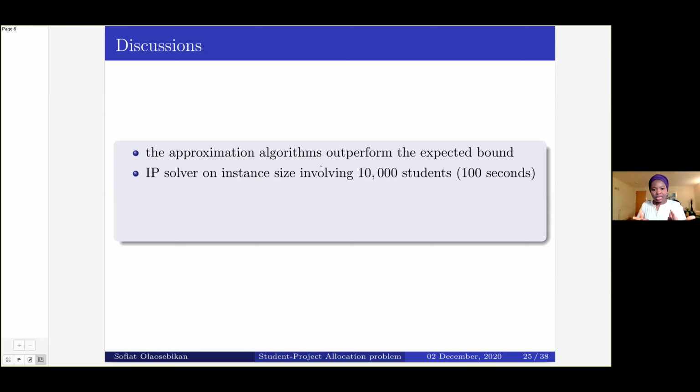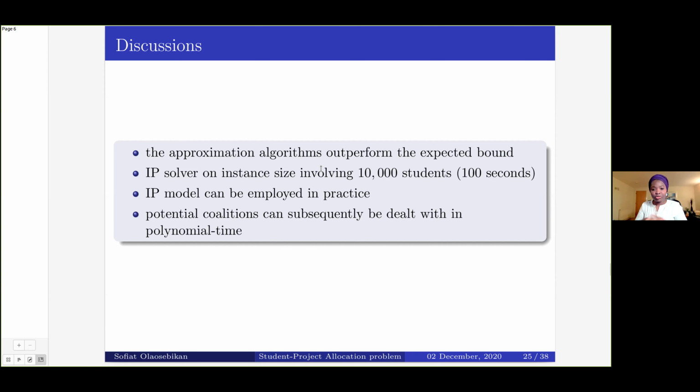So we're able to run experiments which produced the results in less than 3 seconds in 100 seconds for size of 10,000 students. But remember, this is the one where we did not enforce the coalition constraints. So coalition can be dealt with in polynomial time by just finding directed cycles in the graph and then swapping the students' choices around.